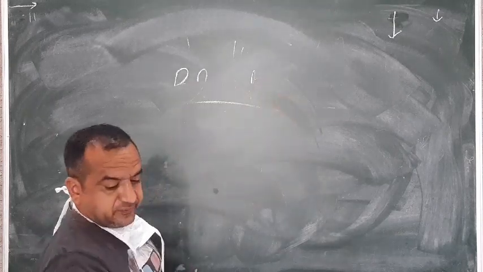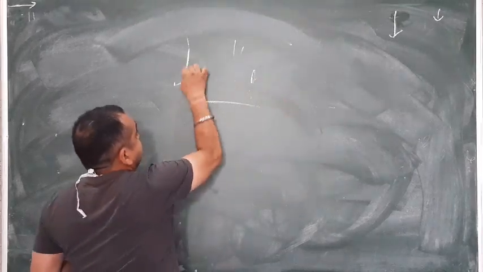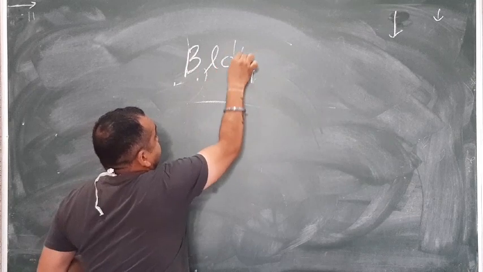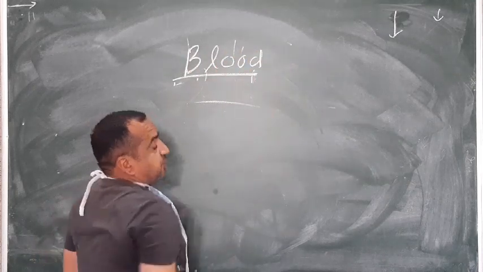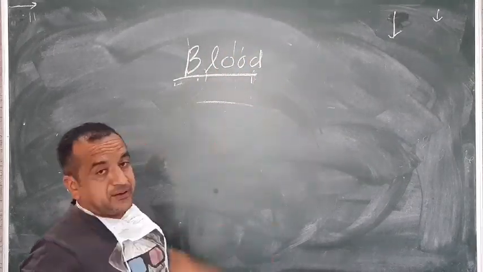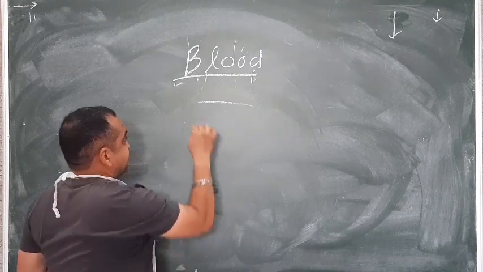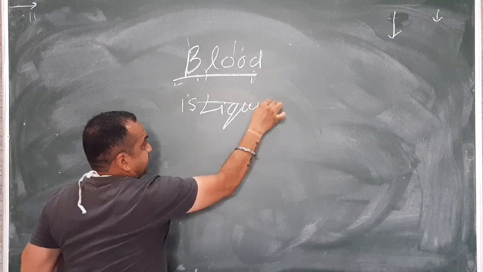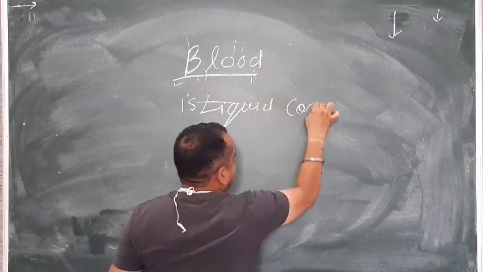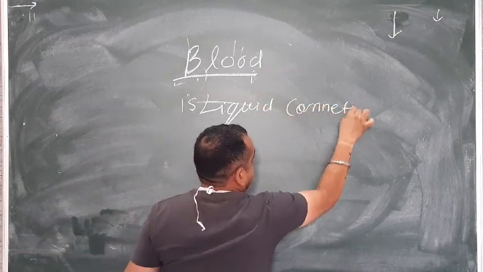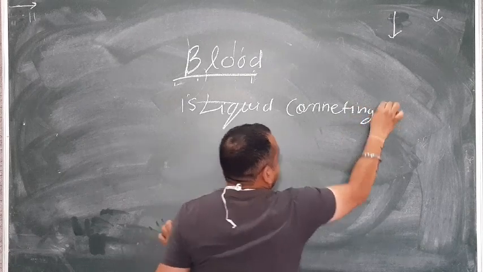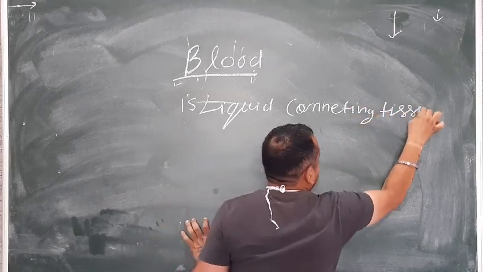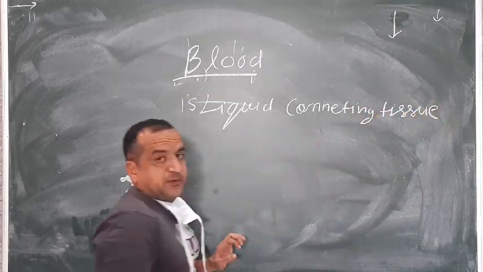Blood is the red cells present in our body. The definition of blood is: liquid connecting tissue.